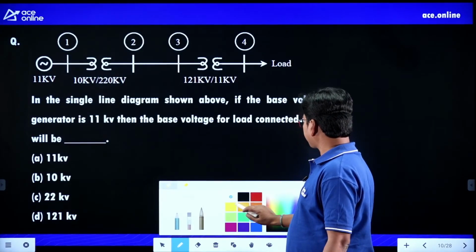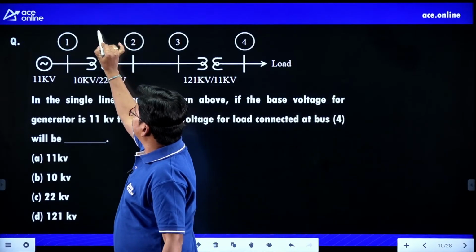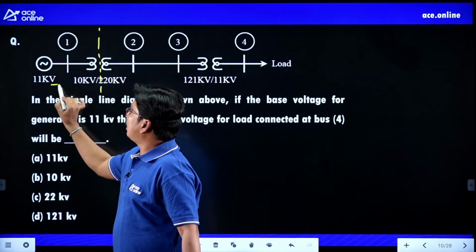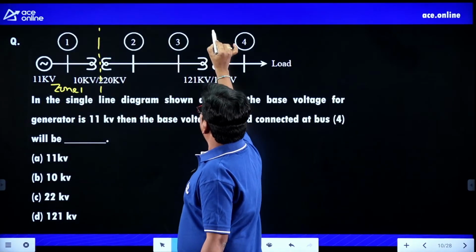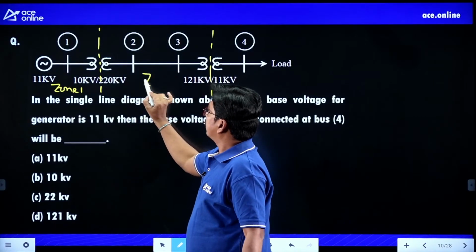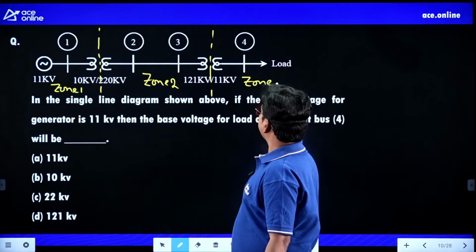Check here, students. We can divide this network into different zones. This will be zone 1, and up to here it will be zone 2, and here I have zone 3.